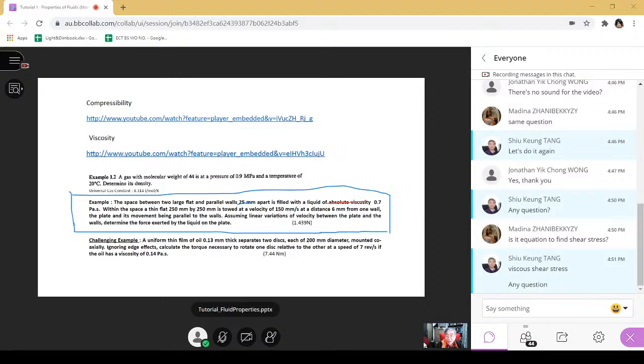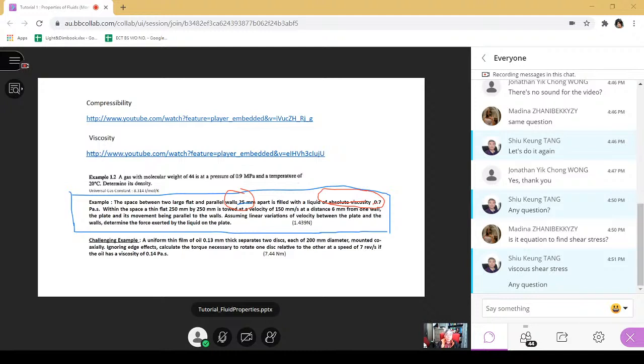The absolute viscosity, the coefficient of viscosity, is 0.7 Pascal second. So you have two parallel walls separated by 25 millimeter, and in between there is a viscous fluid.